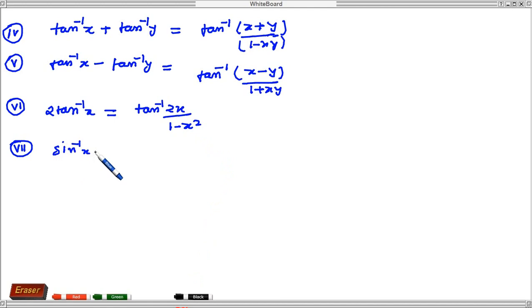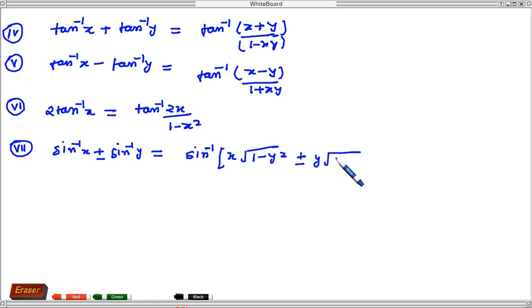And sin inverse x plus or minus sin inverse y will be equal to sin inverse of x times under root 1 minus y square, plus or minus y times under root 1 minus x square.